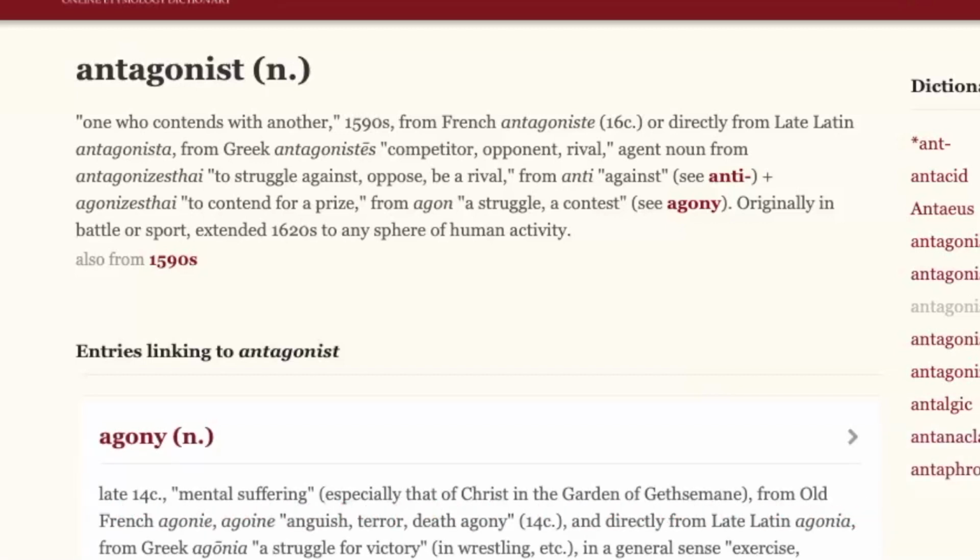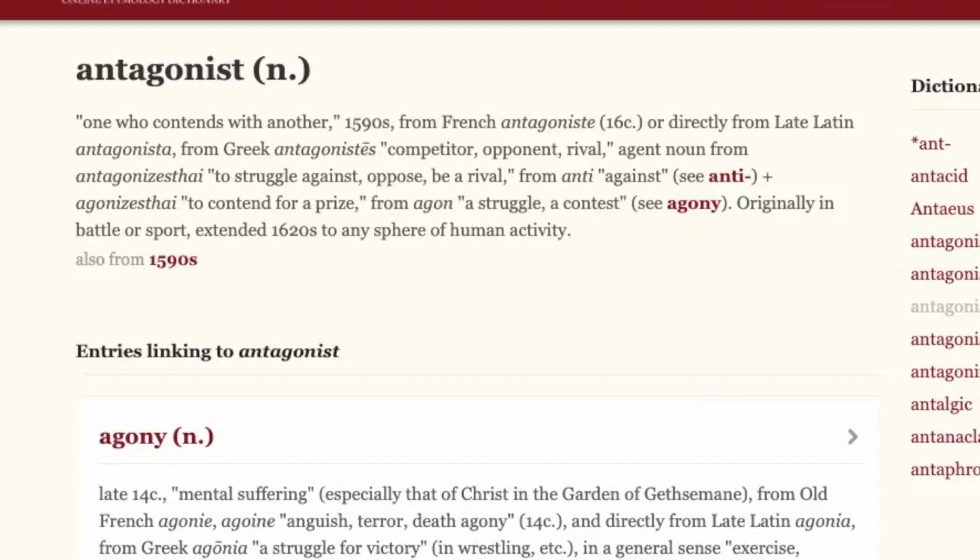So, antagonist used in this way is relatively new in the world of English spelling, which is why when we look at the meaning or senses of each of the parts of antagonist, it's harder for us to make that connection to plays or performances or stories, because originally that was not its intent. It was talking about opponents or rivals in a contest.